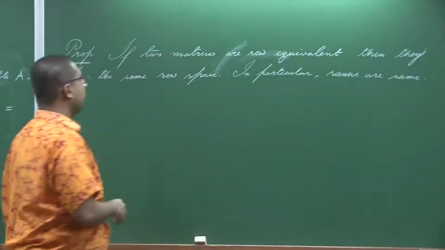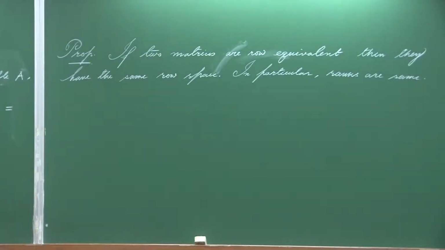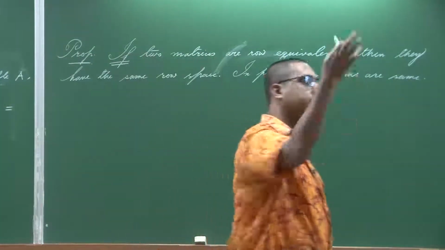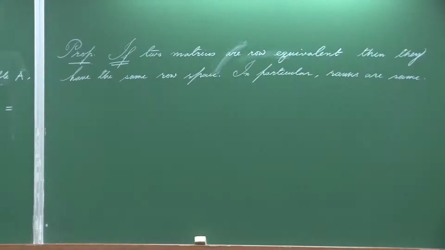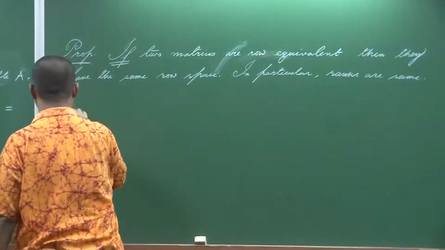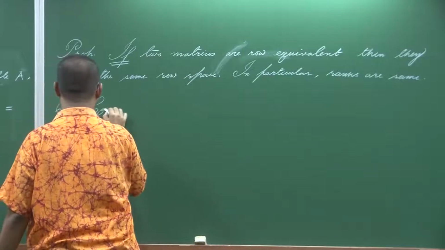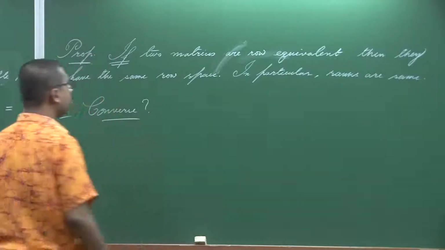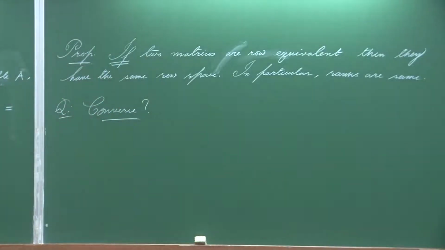So row equivalence is a sufficient condition for having the same row space. The natural question is regarding the converse. Does the converse hold?